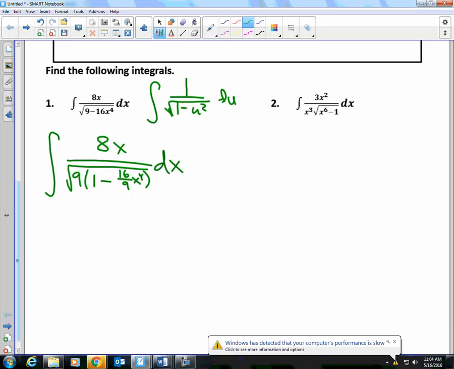Okay, I got that. I need this 1. Now I have a 1. This 9, I'm going to bring it outside the square root. What would it become? A 3.